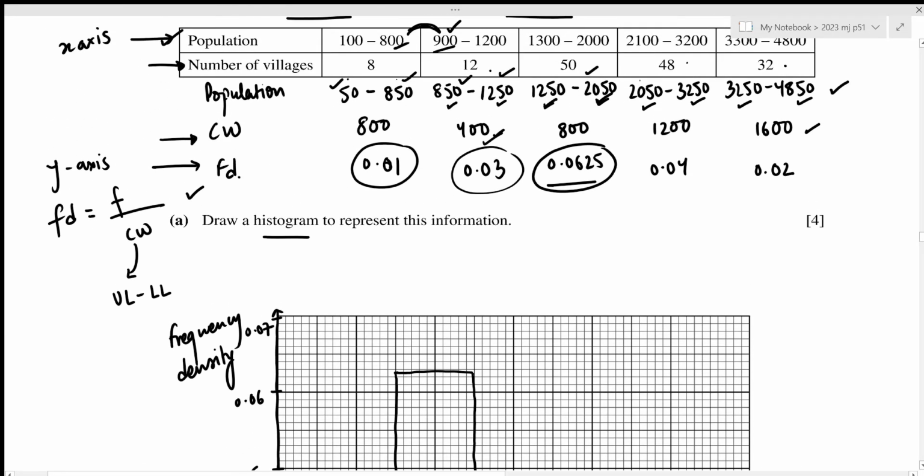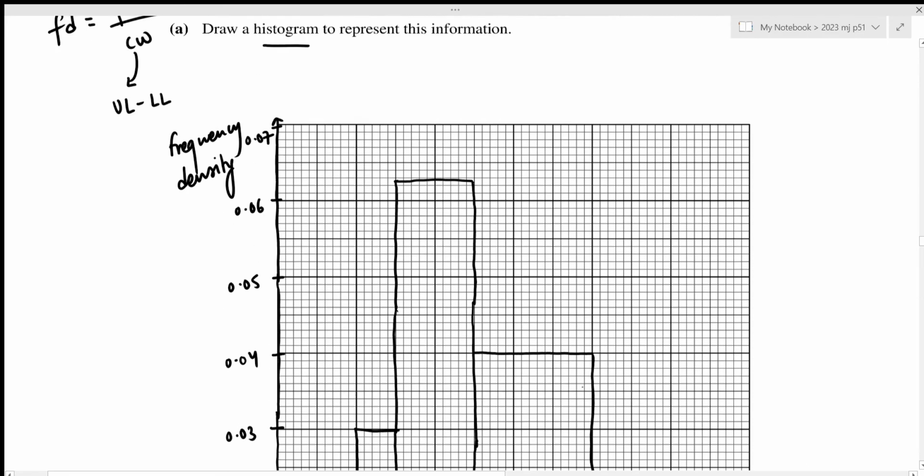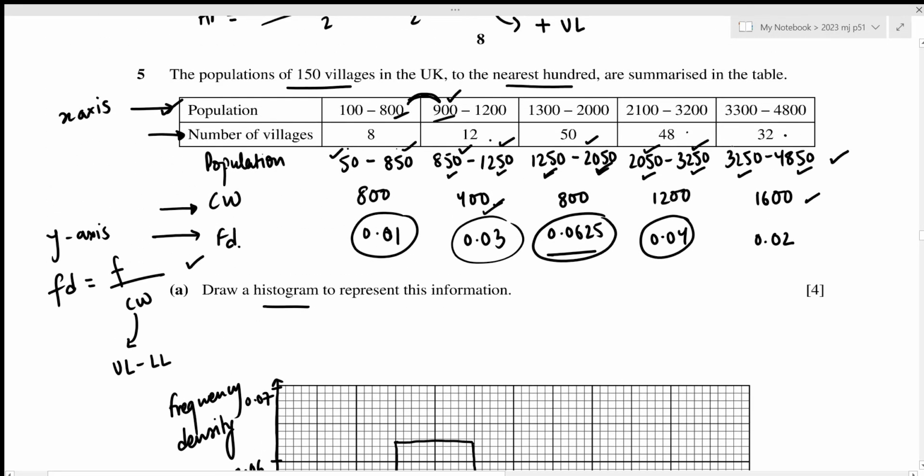For the fourth one, it's from 2050 to 3250. Frequency density is 0.04. Okay, so 3250 is right here, and it's 0.04. And the final one is from 3250 to 4850, and the frequency density is 0.02.